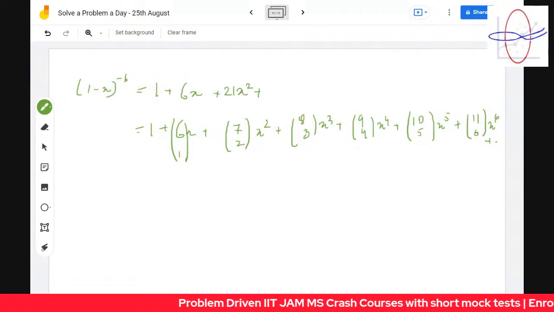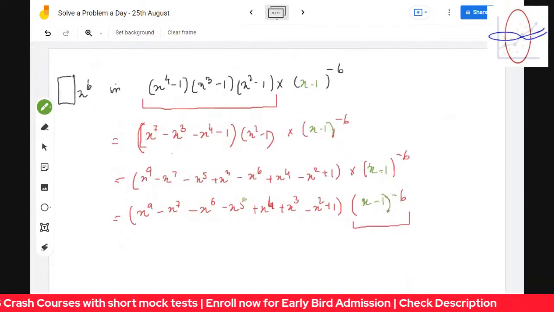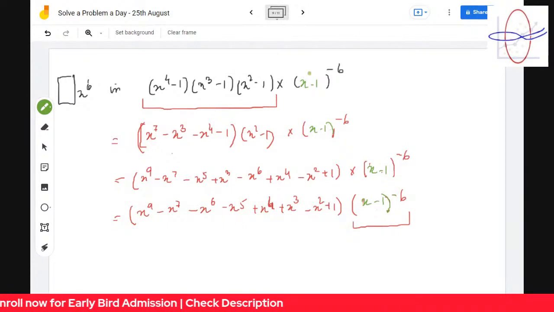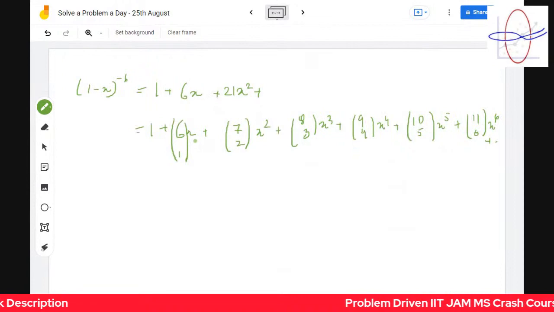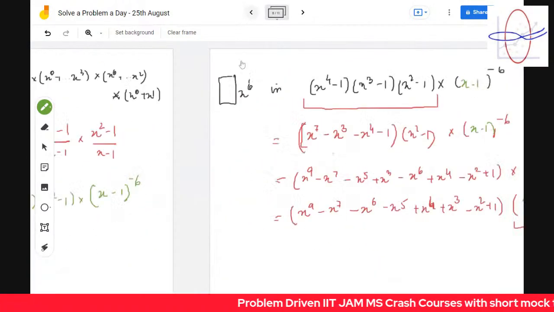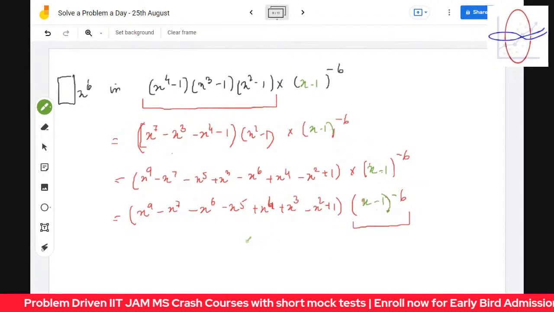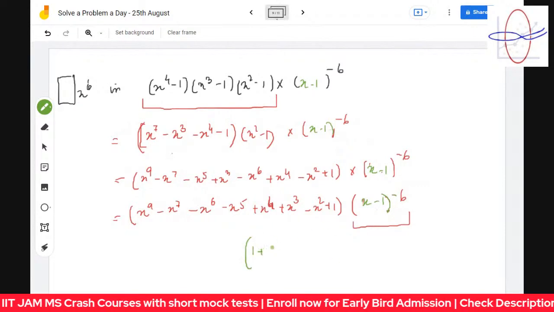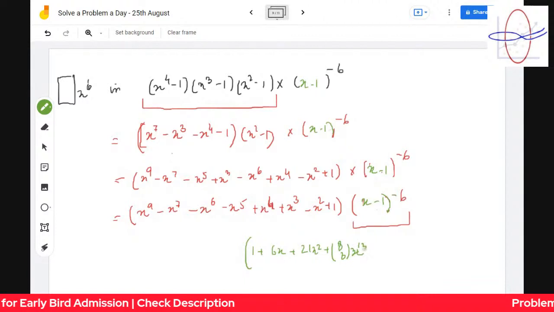And if you just multiply it with the corresponding terms, you will see how many x to the power 6 coefficient will come up. So let's write it down over here. You're multiplying 1 plus 6x plus 21x square plus 8 choose 3 x cube plus dot dot dot.